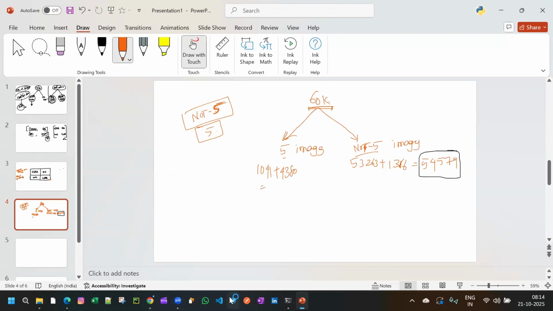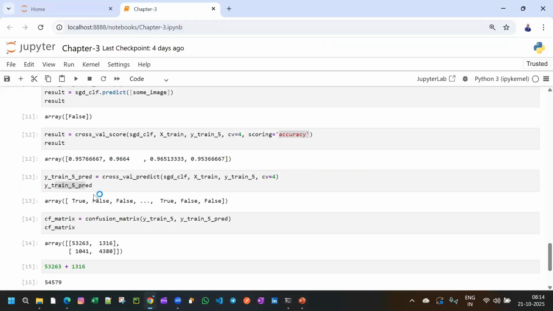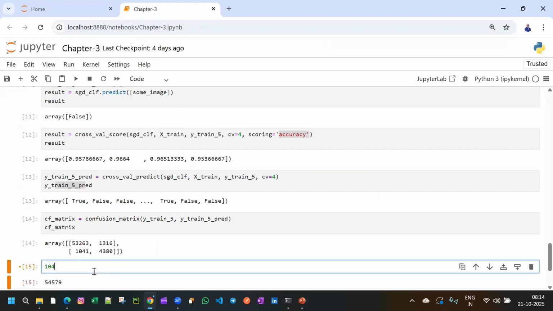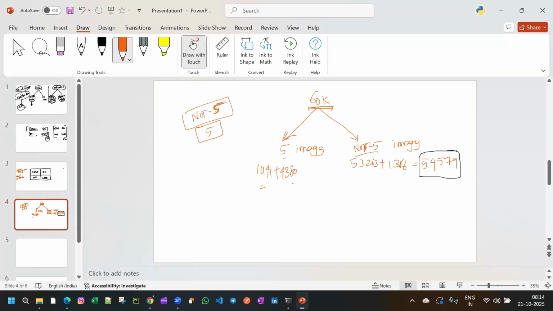Let me calculate it. 1041 plus 4380 is 5421. So in the 60K images, 5421 images contain the digit 5 inside, and 54,579 images contain not 5, meaning any digit other than 5.